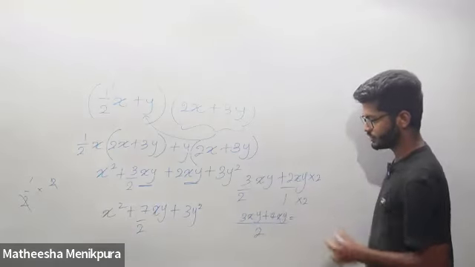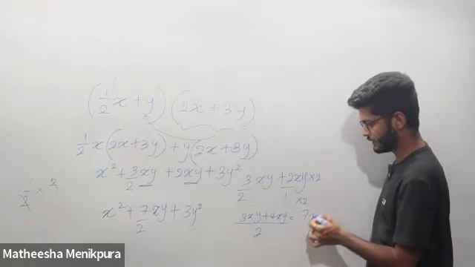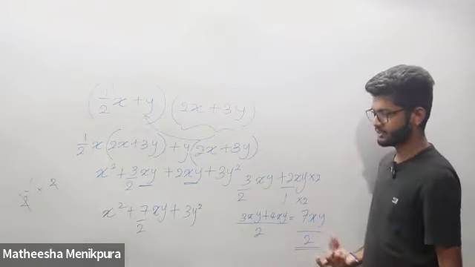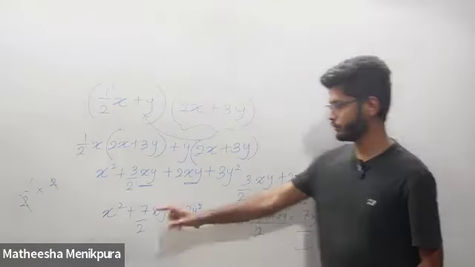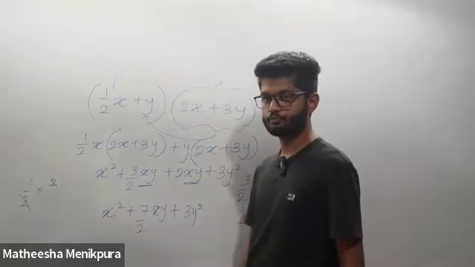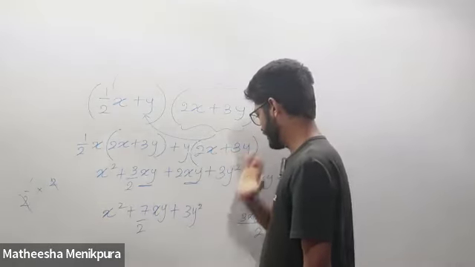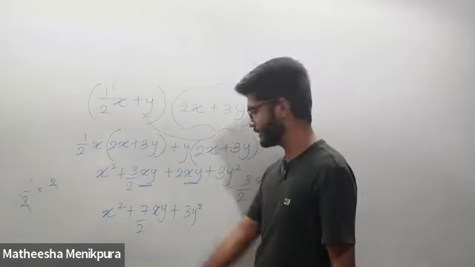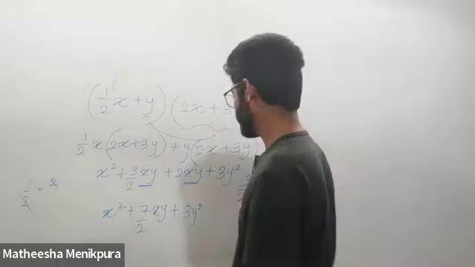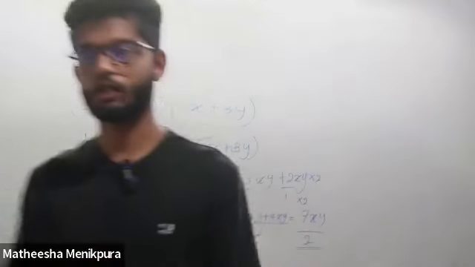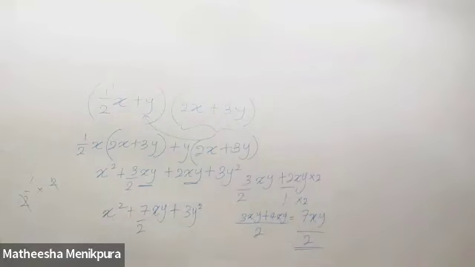Now 3xy plus 4xy, that is 7xy over 2. And we have 3y squared. So that is the answer: x squared plus 7xy over 2 plus 3y squared. Okay, correct. You have done the question correctly.